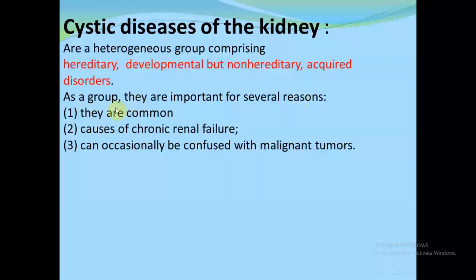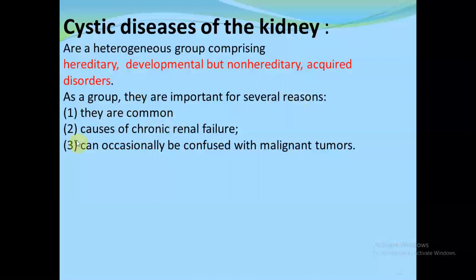As a group, why is it important to study cystic disease of the kidney? This is because they are common. Although they are common, they might be discovered incidentally during abdominal ultrasound for any other clinical symptoms.